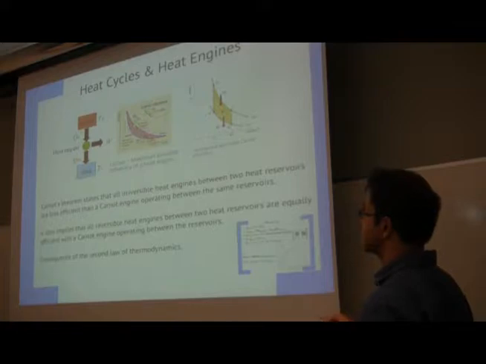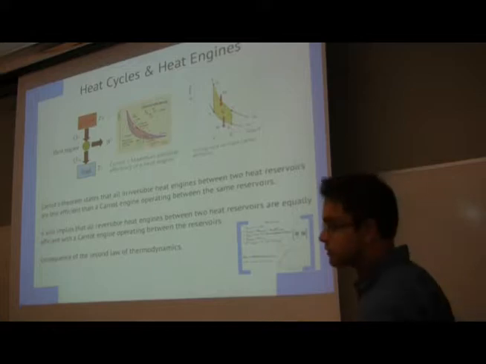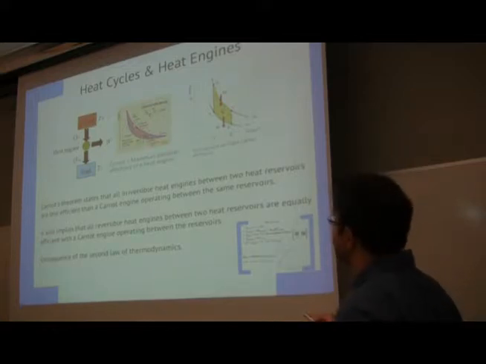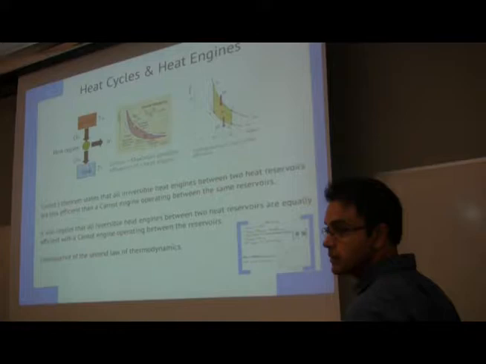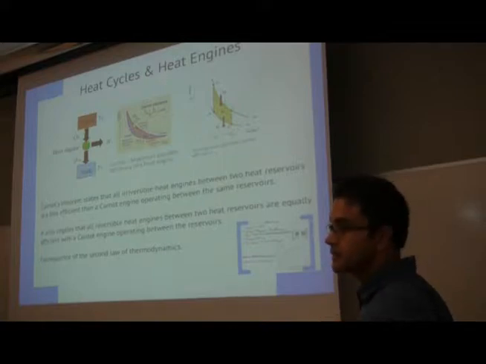And you have a sink of heat. The source of heat is TH, the sink of heat is TC. TH is hotter, so higher temperature than TC. T, of course, refers to temperature in this case. So Q in is the heat input into the system, so that's the heat engine. Q out is the heat out of the system, and W is the work done by the system. Of course, the first law of thermodynamics tells us that W should be equal to Q in minus Q out. Right?